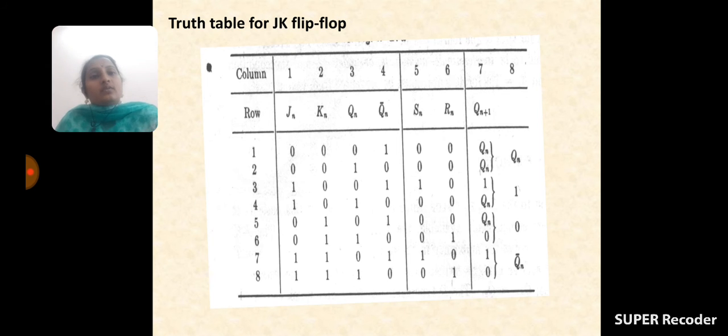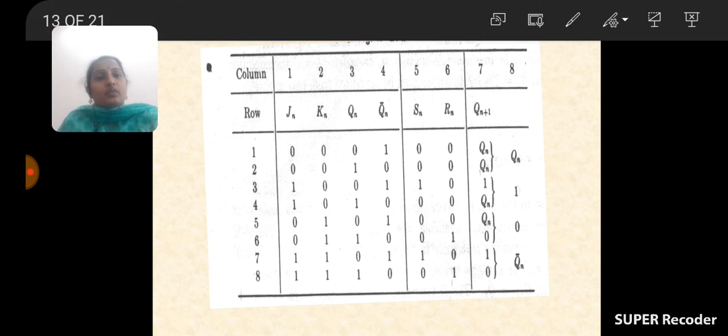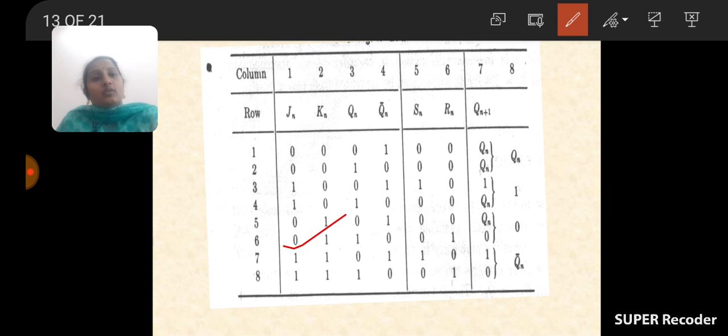And see the truth table. In the truth table, if we apply J equal to 1, the output Q is equal to 1.